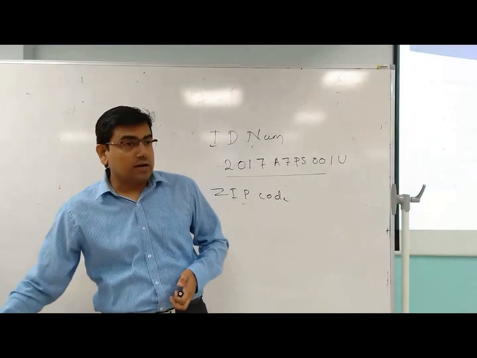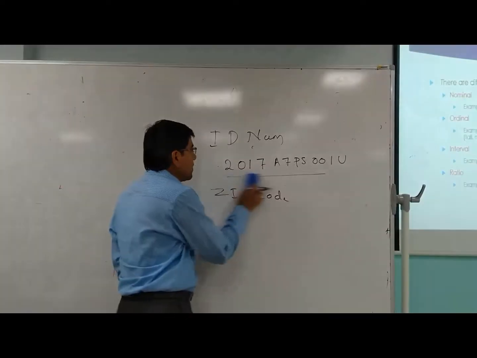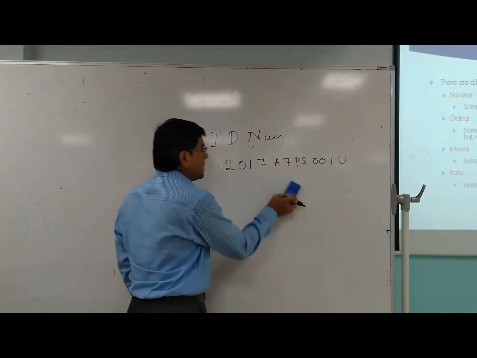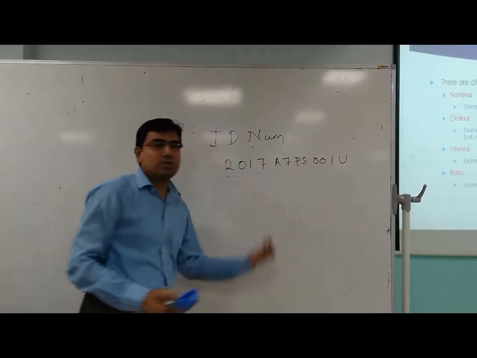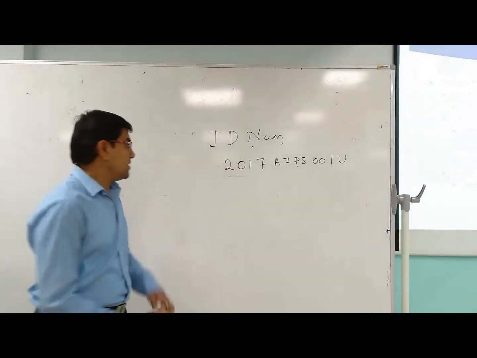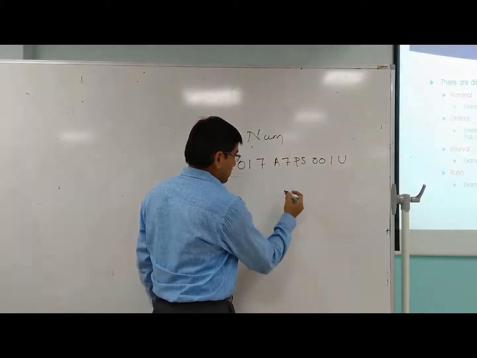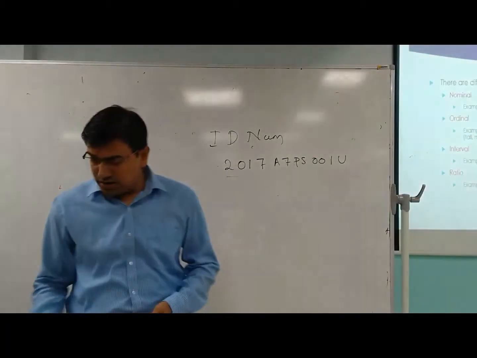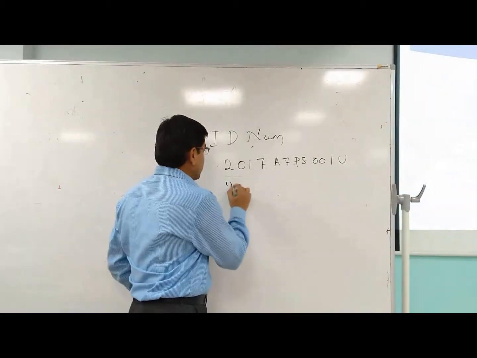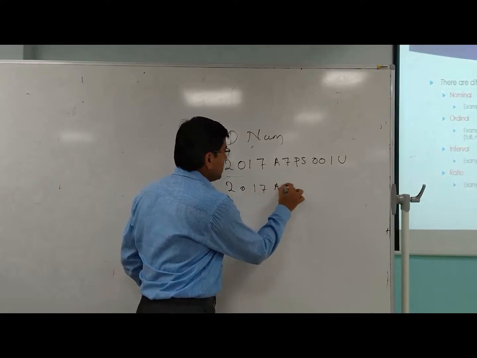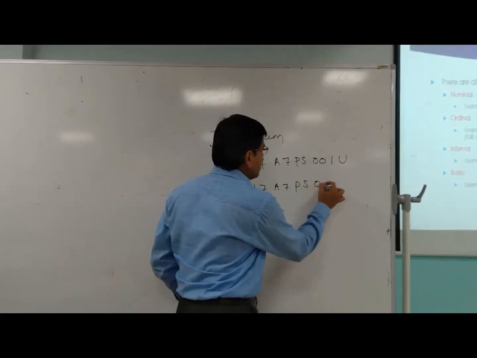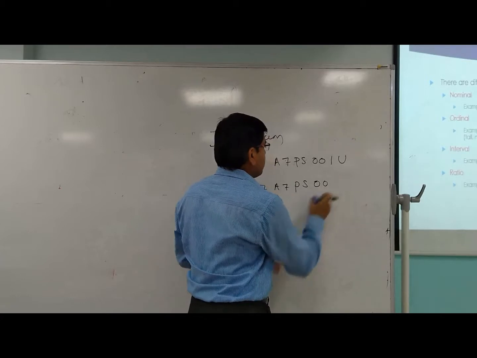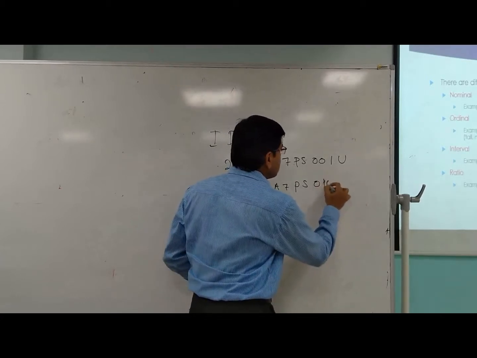Now let us take the example of your ID number, and try to perform some kind of operation on this data. Let us say there are more admissions going on. The last number was say 2017 A7 PS 00 something, or 100, something like this.